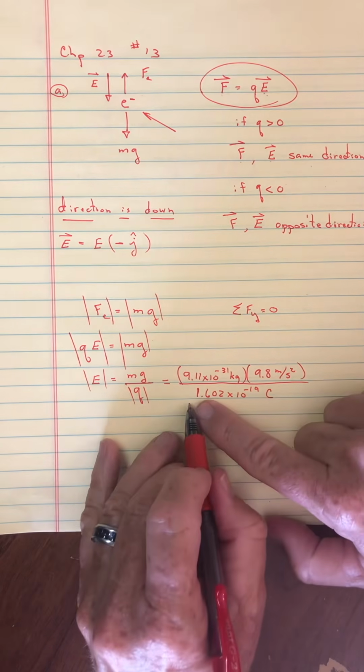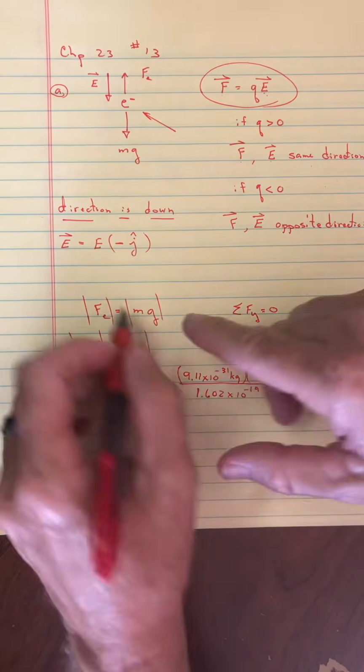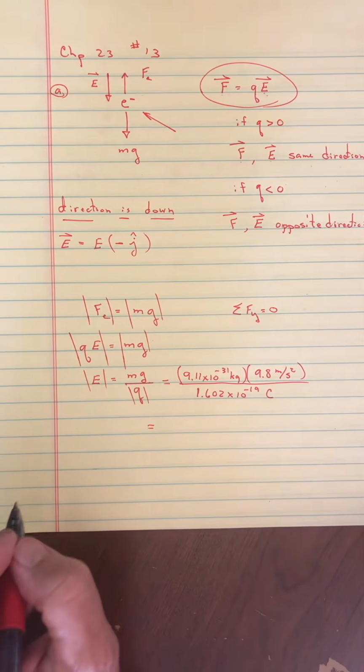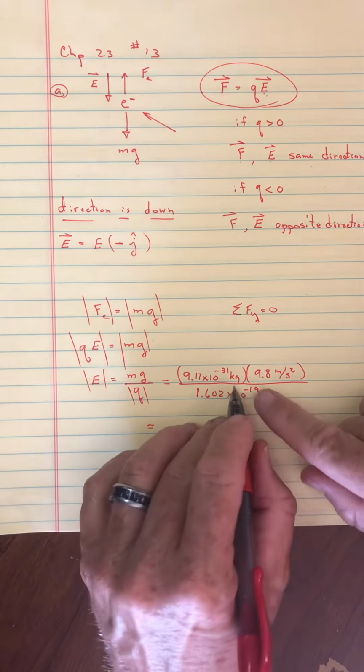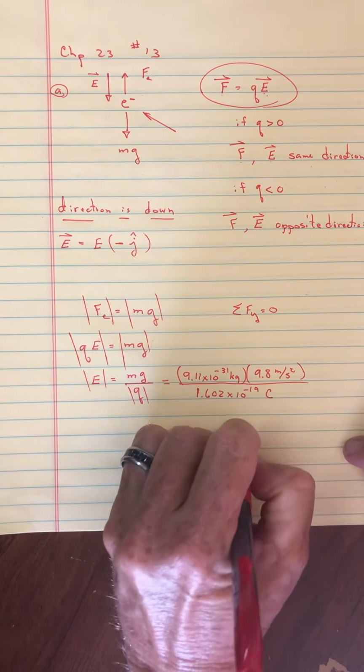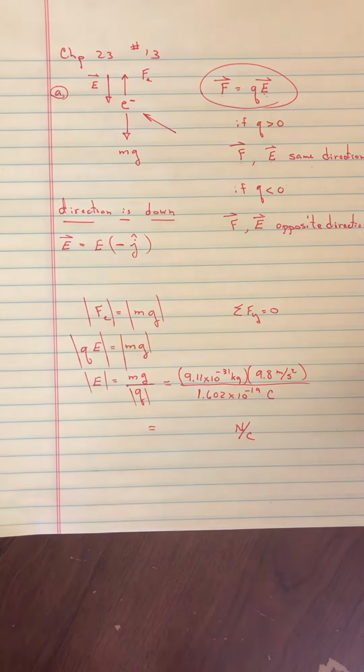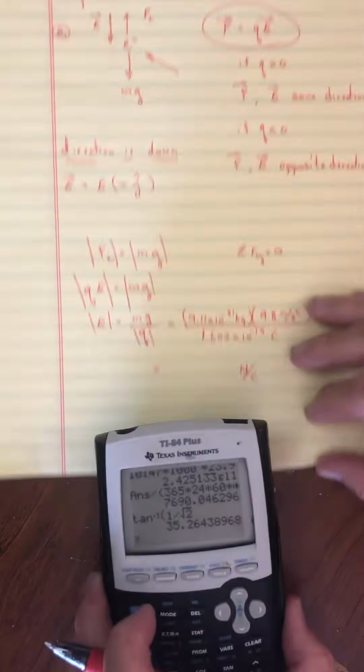Notice I did not put a negative for the charge of the electron since I'm dealing with magnitude here. So my units would be newtons on the top and per coulomb, which is perfect. Those are the units for the electric field. Actually, they are one of three types of units we will see for the electric field. This is the first one, and the only one we've seen so far.